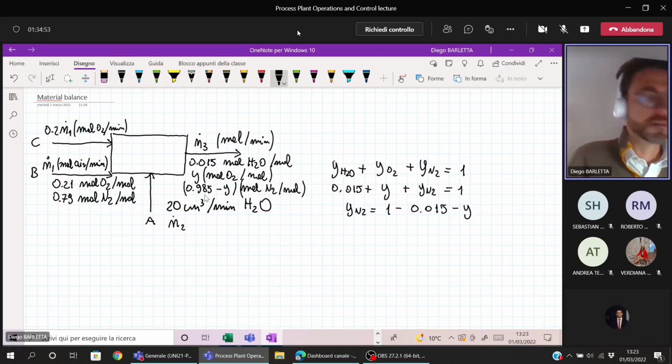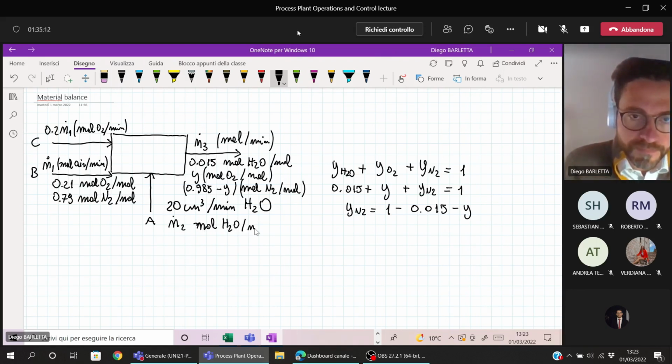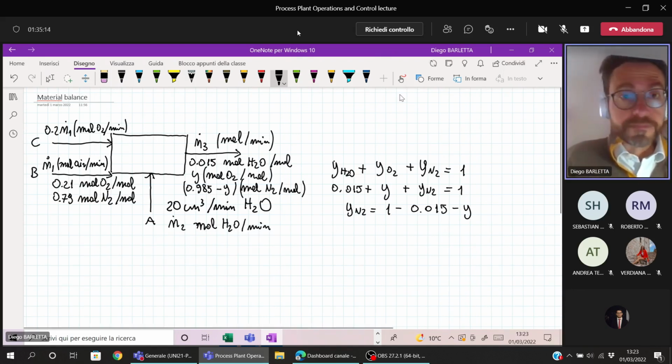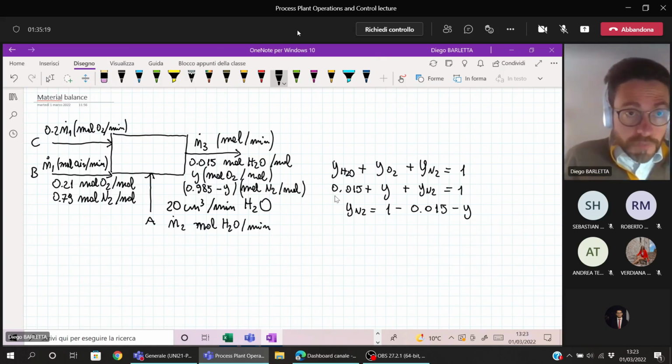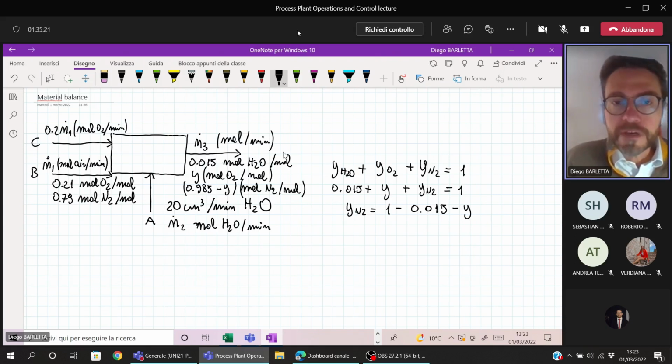Here it is the total flow rate, but since this stream is a pure stream of water, it's moles of water per minute. So basically in this way we have completed the flow chart.